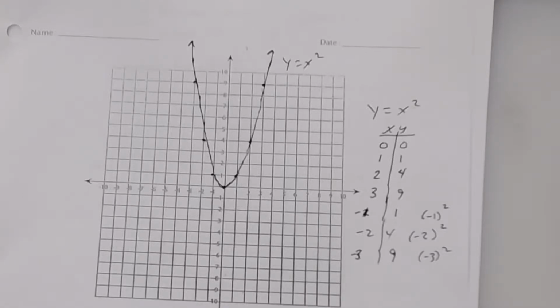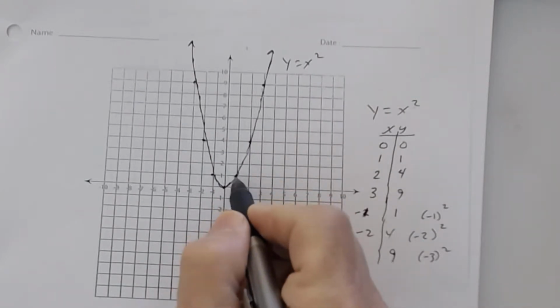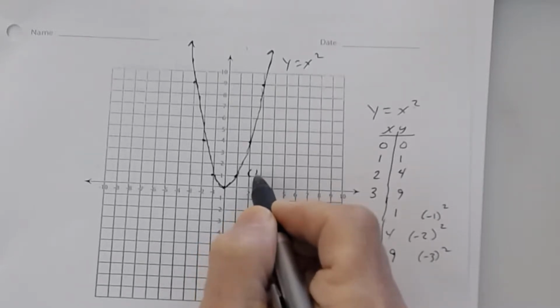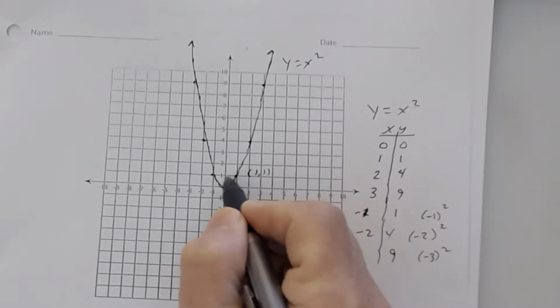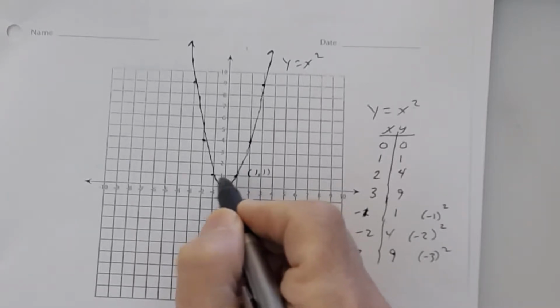The other thing I want you to recognize is this. I want you to look at this in terms of distances as well. So the distance from this point here that I'm pointing to, that has coordinates 1, 1, from the y-axis, what's that distance right here? 1. On the other side, what's that distance? No, distance is always positive. 1.